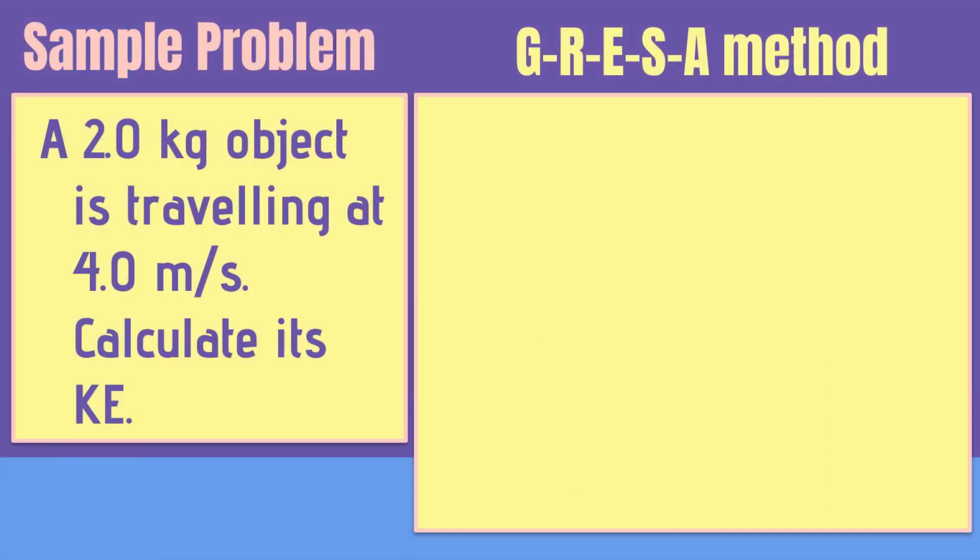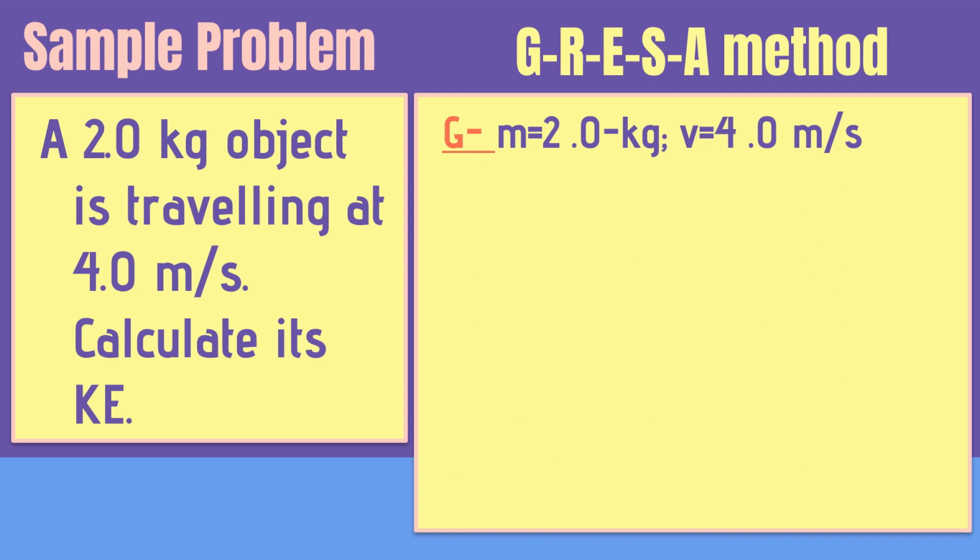Another problem. A 2.0 kilogram object is traveling at 4.0 meters per second. Calculate its kinetic energy or KE. So again, in order for us to solve the problem, we're going to use the GRESA method. Now, what are the given in the problem?